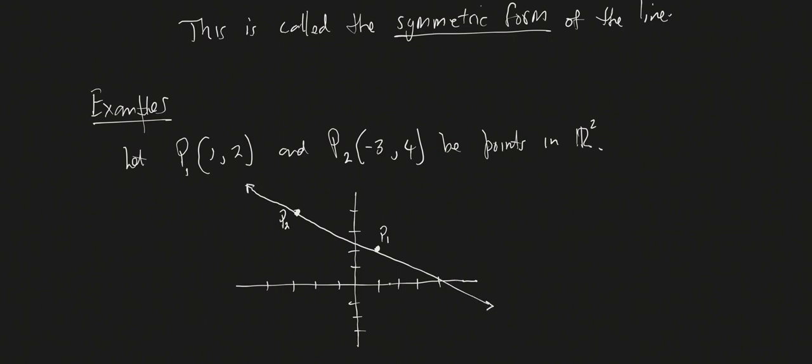Now, the first thing we want to do is to define our vector that goes from the point (0, 0) to any point on the line. Which one do we use? It doesn't matter. Let's say we define the vector that goes here. So that's going to be my position vector.